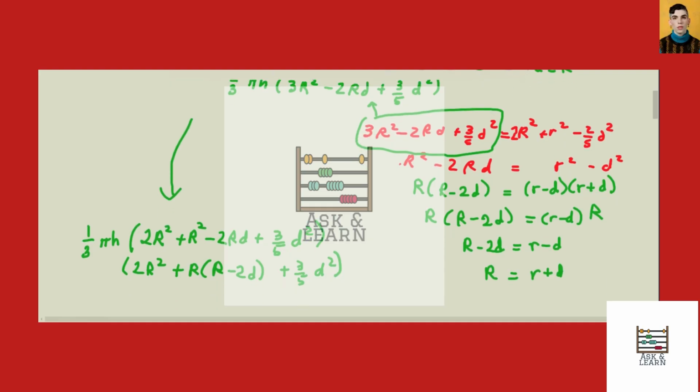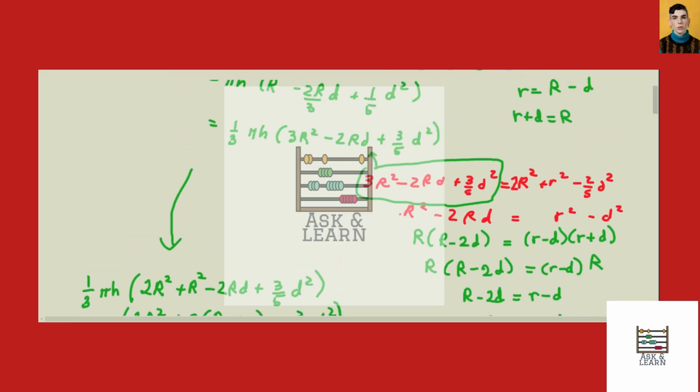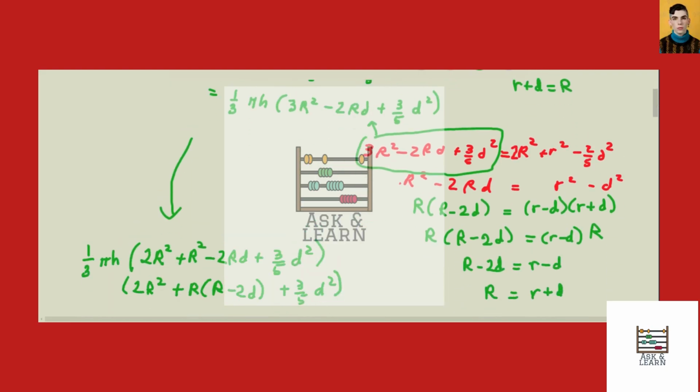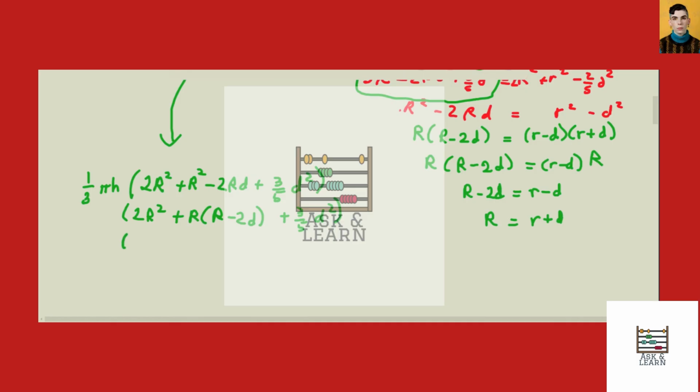All right, now I got to see where the big R minus 2D came from. Well, big R minus 2D was equal to little r minus D. Oh yeah, remember big R? Big R was little r plus D.